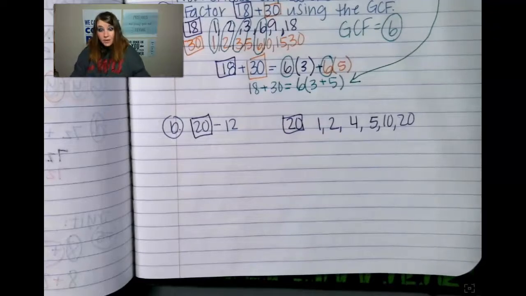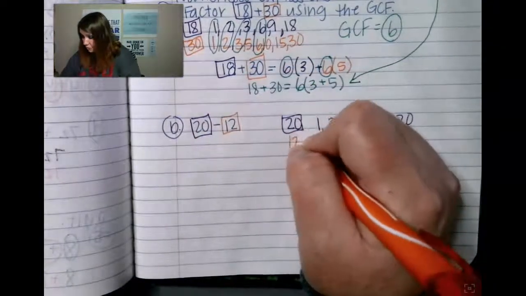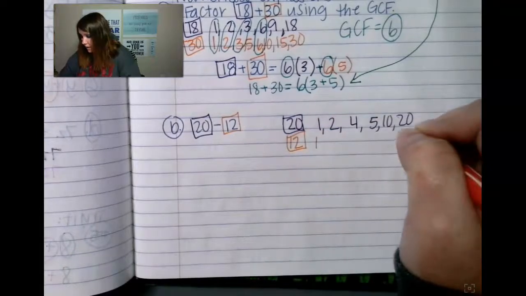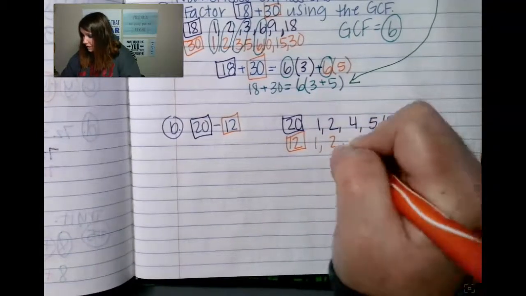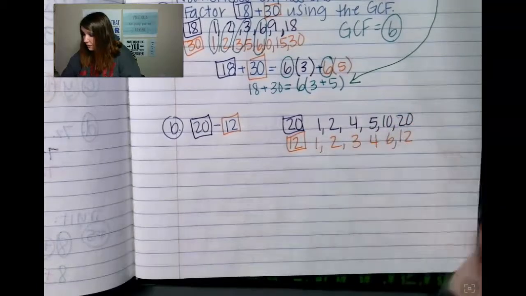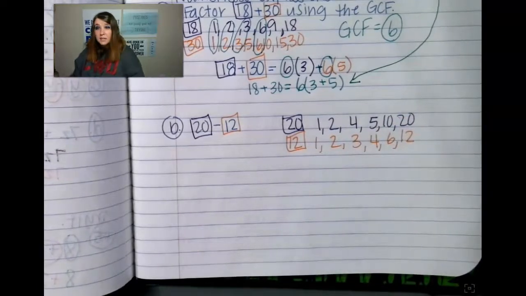Okay, now we're going to look at the 12. Okay, ready? 12. 1 and 12, 2 and 6, 3 and 4. Nothing else.